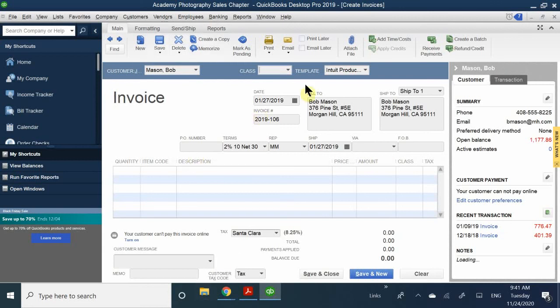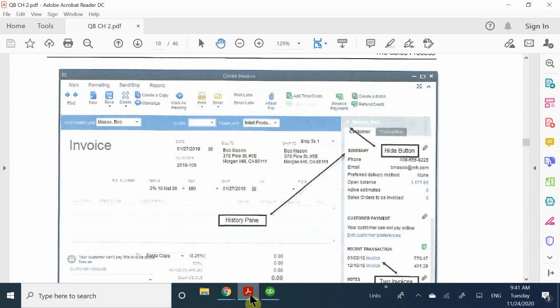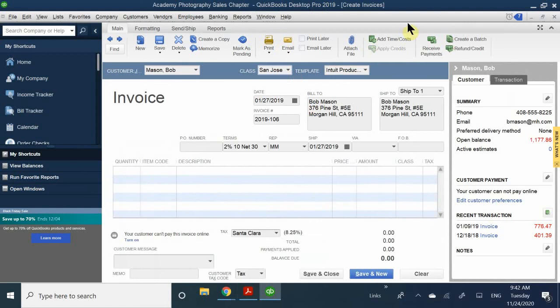And I believe Bob Mason is also a San Jose. Okay, so again, let's see what day I'm going to be billing Mr. Bob Mason for. Okay, so I guess I'm billing him for that same day.